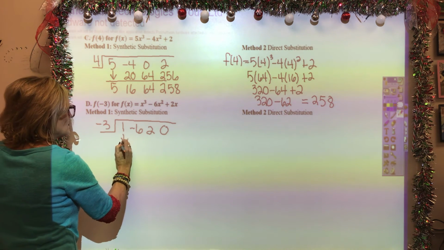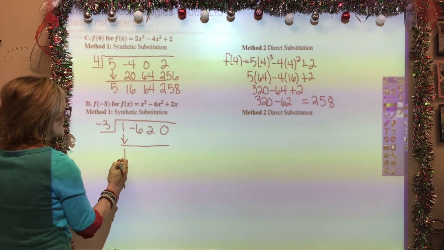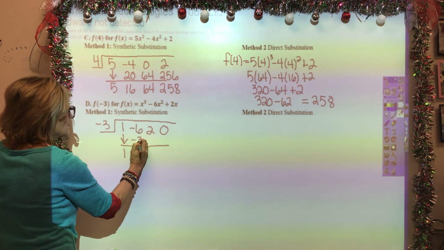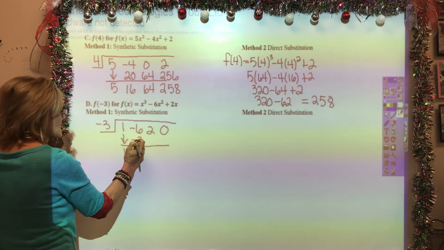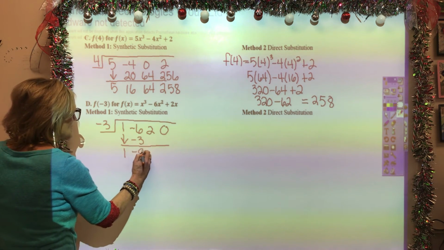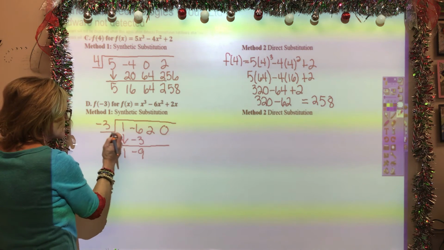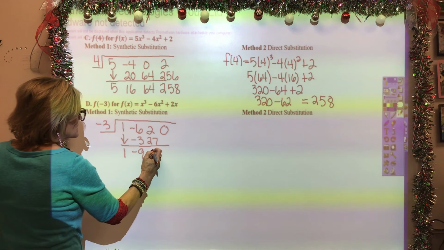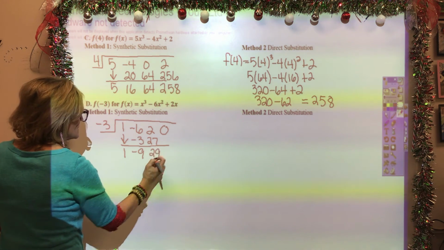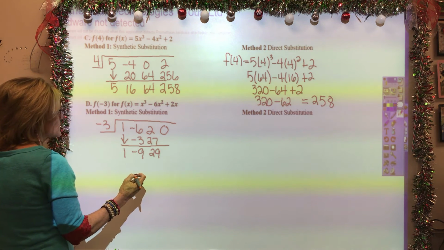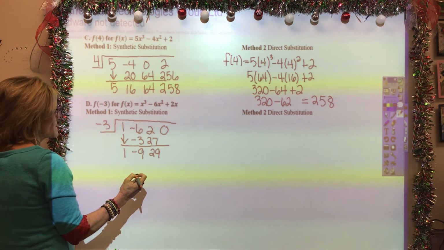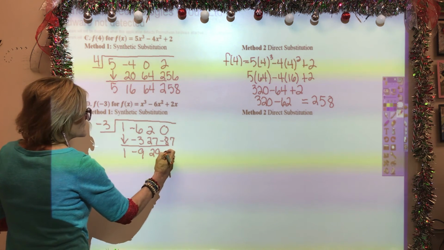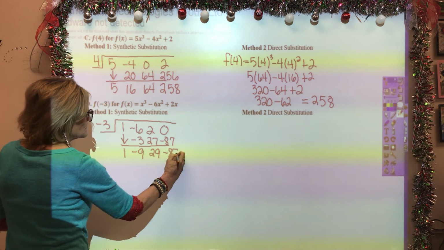Arrow, bring the 1 underneath the line, multiply negative 3 times 1, which is negative 3, add negative 6 and negative 3, which is negative 9, multiply negative 3 and negative 9, which is 27, add 2 and 27, which is 29, and multiply 29 times negative 3, which is negative 87. 0 minus 87 is negative 87.